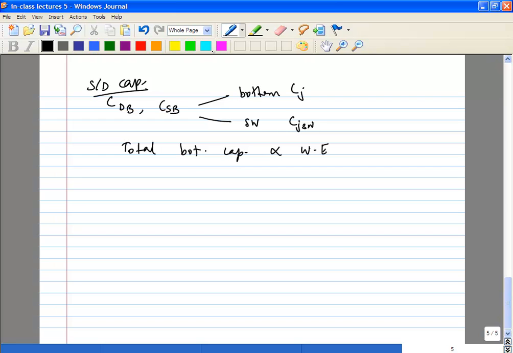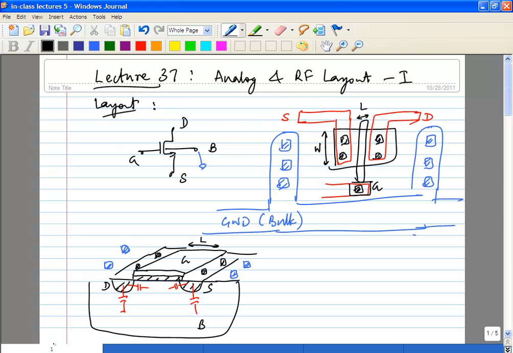We know this, right? How about the sidewall capacitance? Sidewall capacitance is proportional to the sidewall area, which is a product of W and the depth of the diffusion. The depth of the diffusion is a constant for a particular process. So effectively you can say that it is just proportional to the width W.